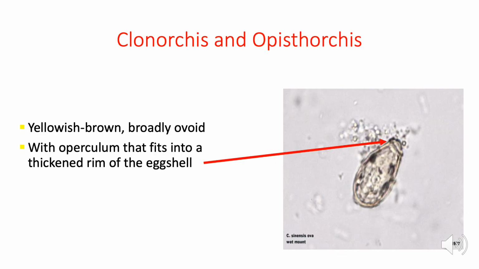There are a lot of similarities between Clonorchis and Opisthorchis, from the life cycle, from the appearance of their vitellaria, as well as their ova.